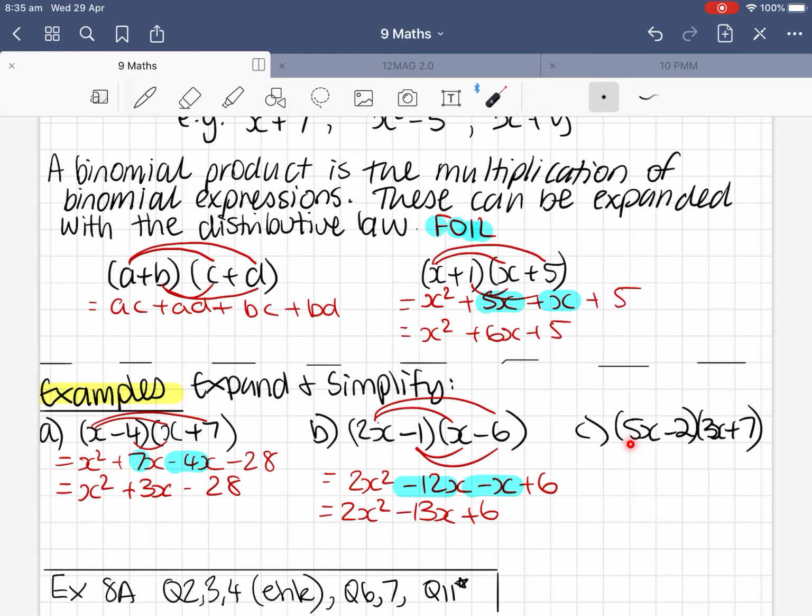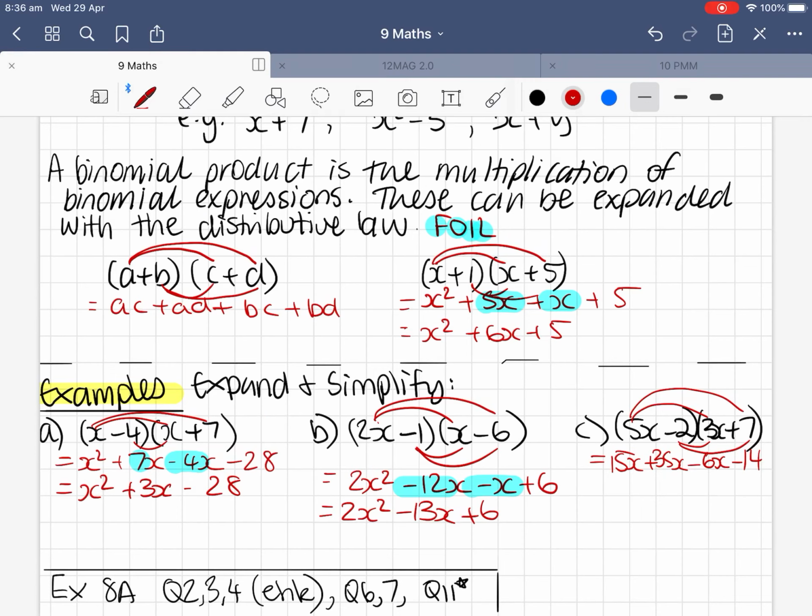Finally, we have a binomial expression here where both the first terms have a coefficient to x, so that means the number out the front of x. Let's start with expanding this, so let's do our first terms, 15x squared. Outer terms, plus 35x. Inner terms, negative 6x. And the final terms, or the last terms, take 14.